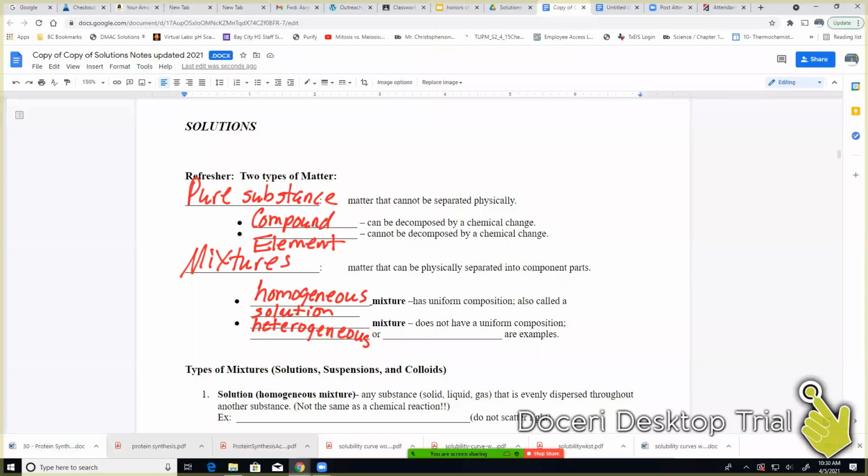Something like trail mix would be a really obvious example. And under that, we had two different types that we've talked about before, either colloids or suspensions. And that has to do with particle size. Any of that ring a bell with y'all?